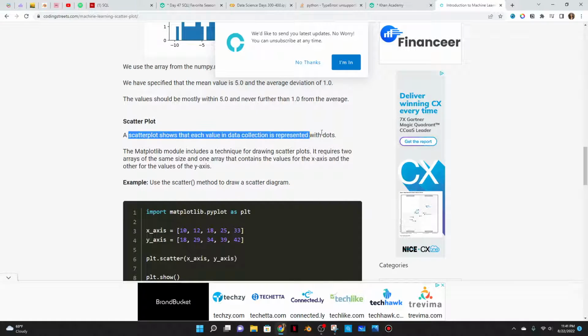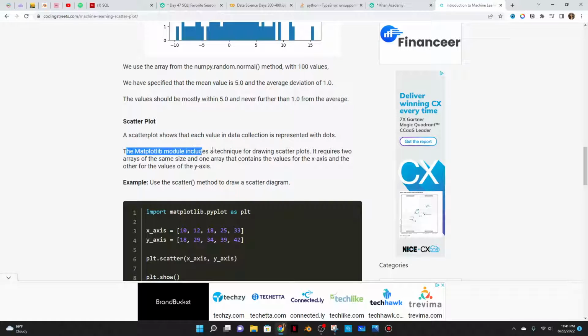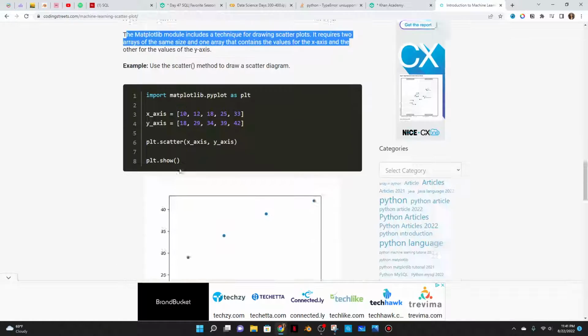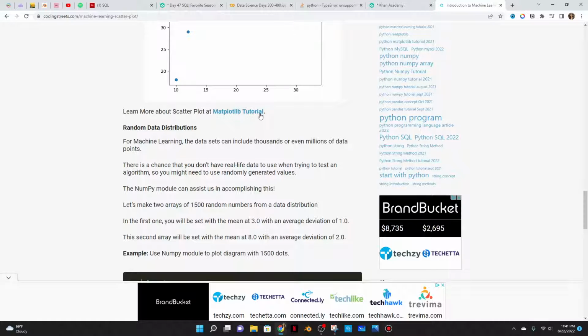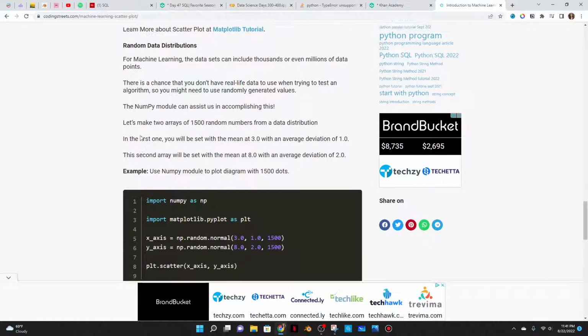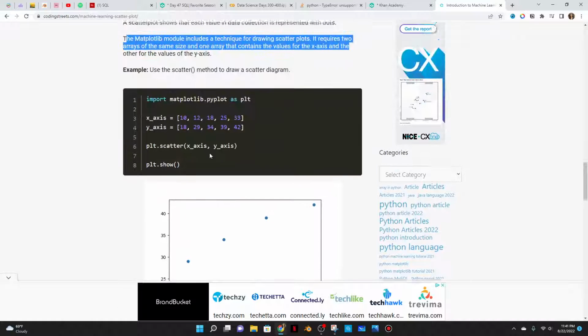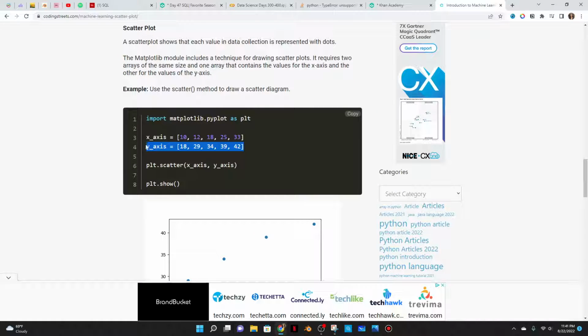A scatter plot shows that each value in the data collection is represented with dots. The matplotlib module includes a technique for drawing scatter plots. It requires two arrays of the same size and one array that contains the values for the x-axis. No doubt, but what are they actually? Are you serious right now? But where does this come from?